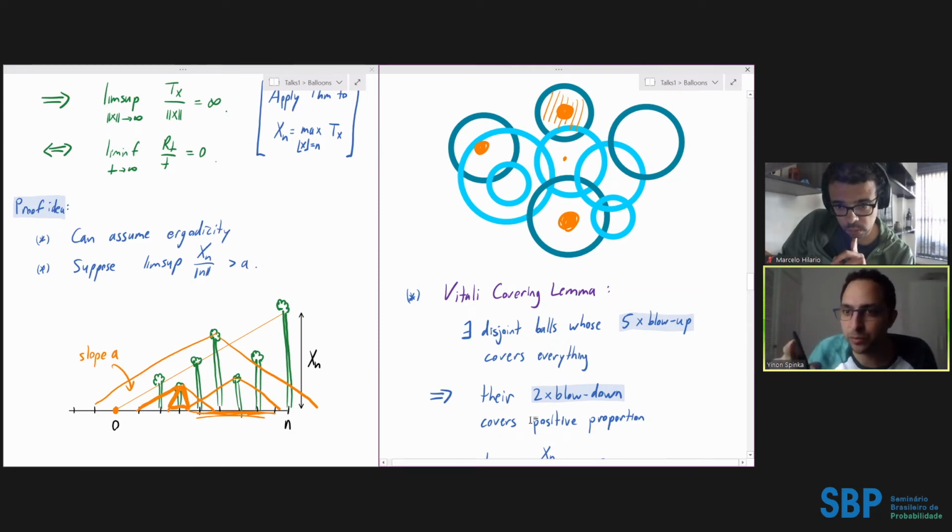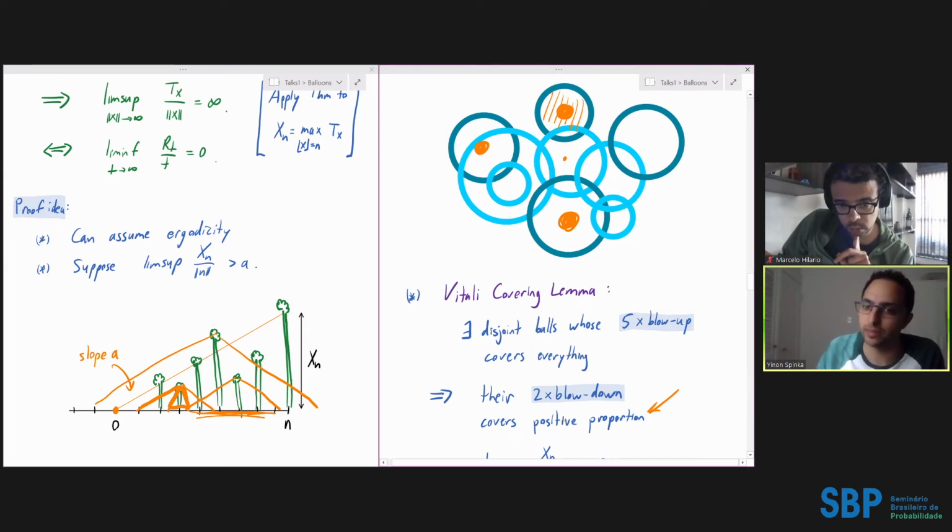And here you see that I'm using volume doubling. This is the first place where we see some volume argument coming into play, because Vitali covering lemma applies in all spaces, but for this consequence here, we need some volume growth, in particular volume doubling.